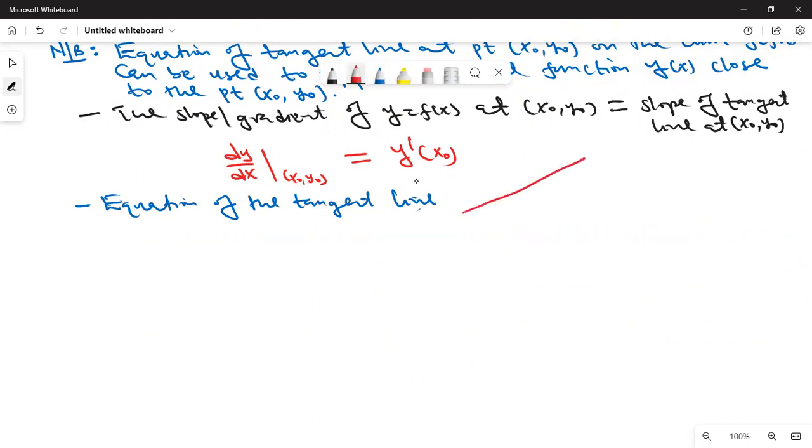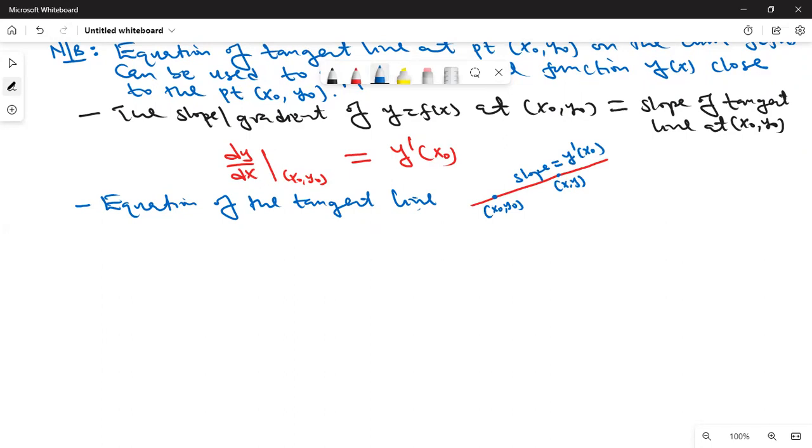And let me draw a proper line, a straight line. Let's say we have this straight line. All you need to know about a line is the known point on that line, x naught, y naught. You also need to know a general point x, y on that line, and you need to know the slope. Slope is equals to y prime at x naught.